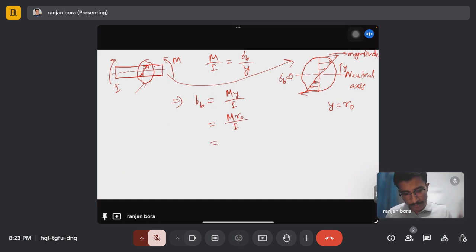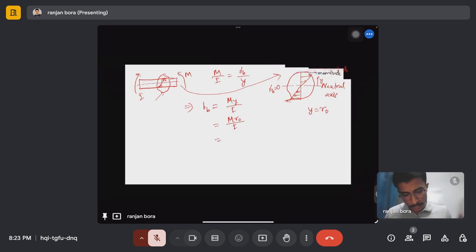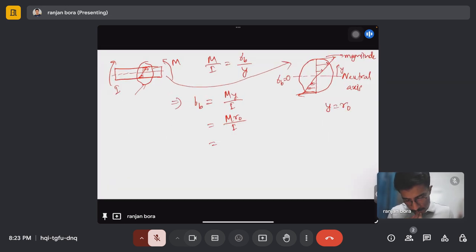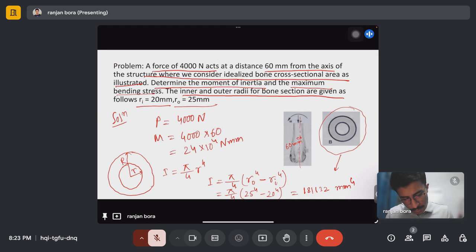What was M? M was 24 into 10 power 4. R naught was 25.